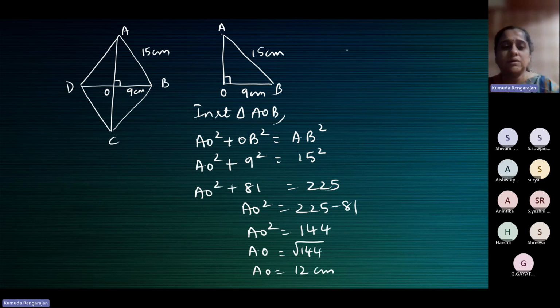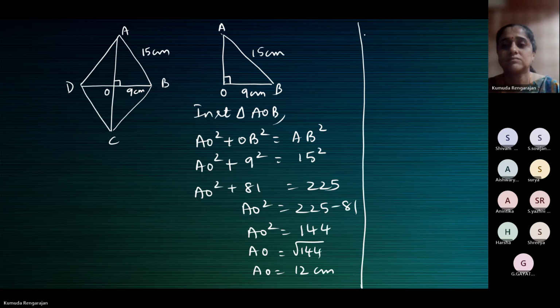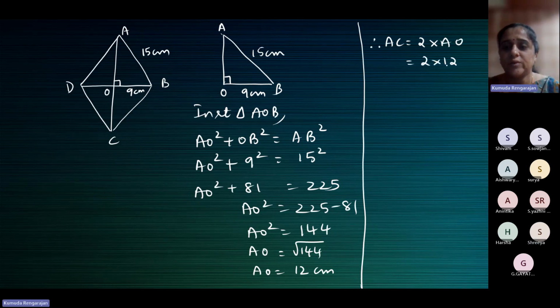So now class, tell me, AO is 12. What is the length of AC? 12 into 2, 24 centimeters. Perfect, very good. Therefore, AC is equal to 2 into AO, 2 into 12, 24 centimeters. Like this, we find the length of the other diagonal using the Pythagoras theorem.